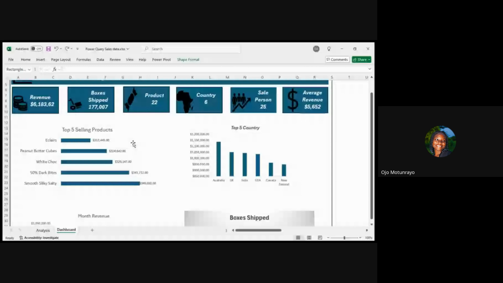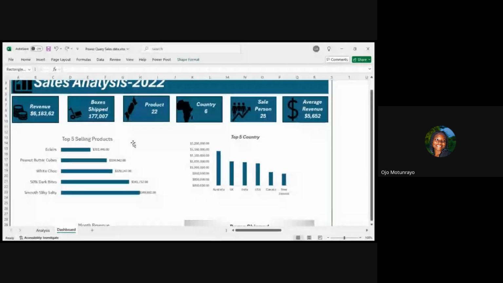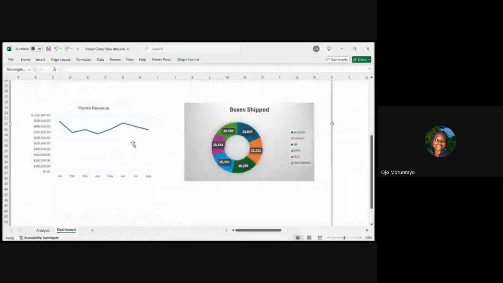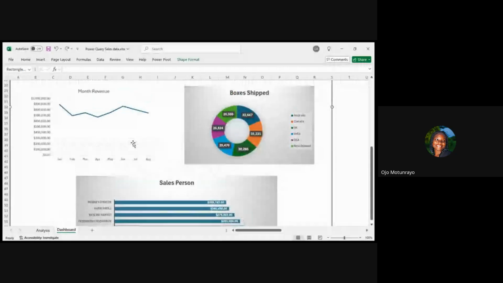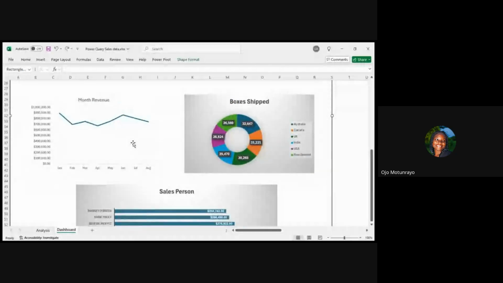I think I've said that we are very much interested in your figures, your top five countries, your top five selling products. Scroll down, because normally we are supposed to see your dashboard, we are the ones supposed to zoom it, but now you'll be the one scrolling for us.